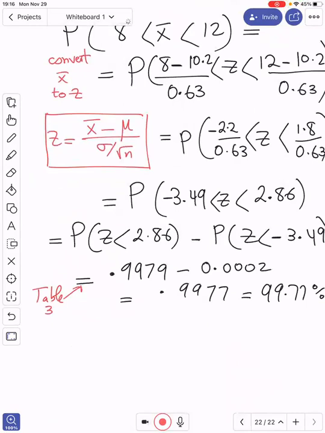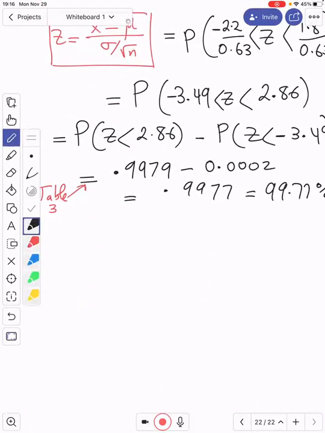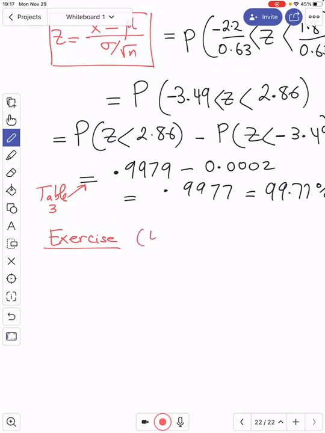So let's have another exercise. I'll give you some time to think about this exercise. I'm just going to take an exercise from the textbook. This is exercise 14, page 344 in the textbook.